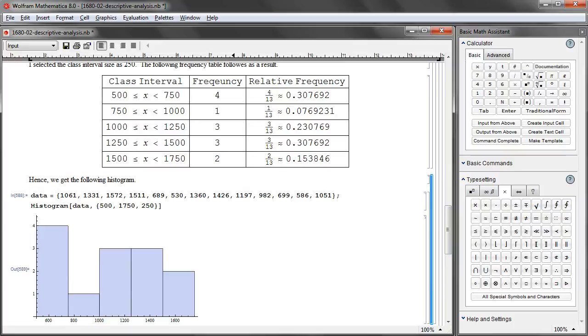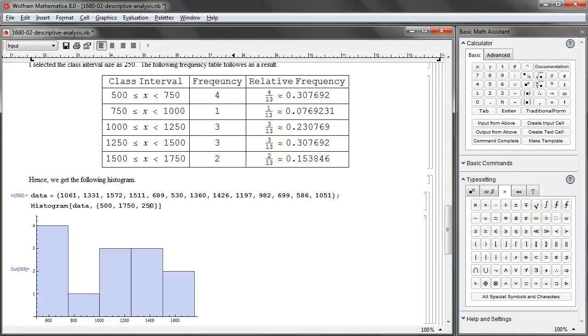Class interval size is 250, and we have 500 to 750, and 750 to 1000, 1000 to 1250, and so on and so forth. And height of each rectangle is the frequency, 4, 1, 3, 3, 2.